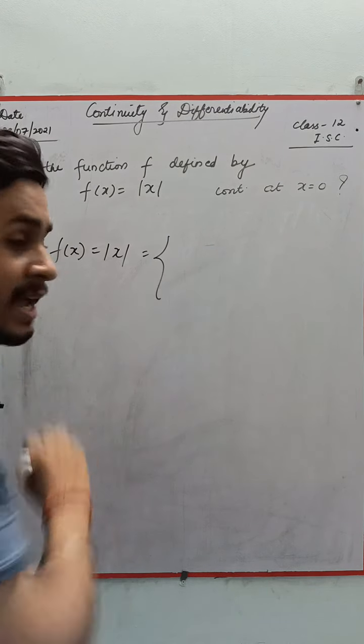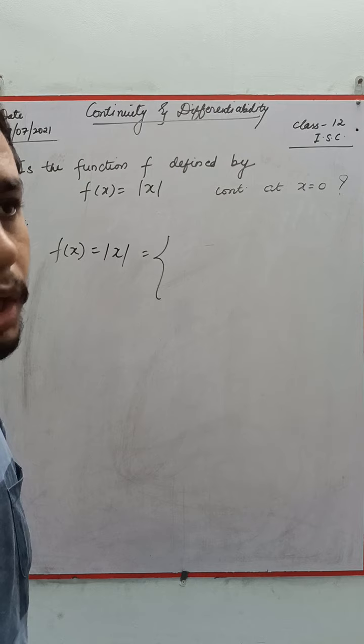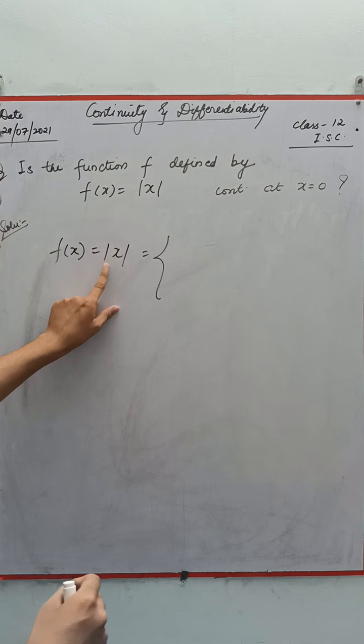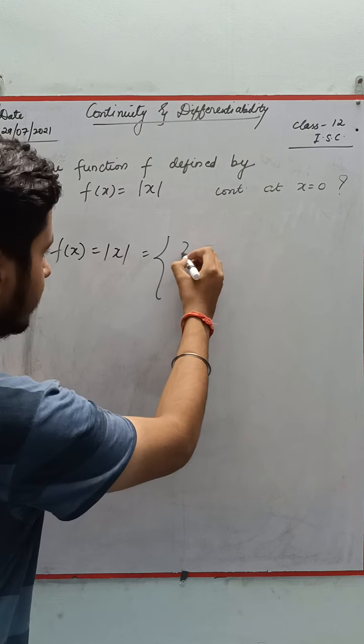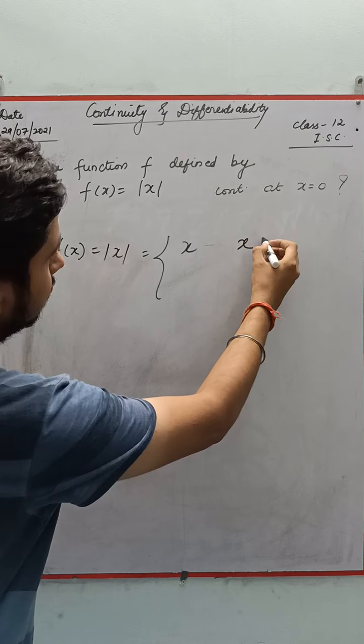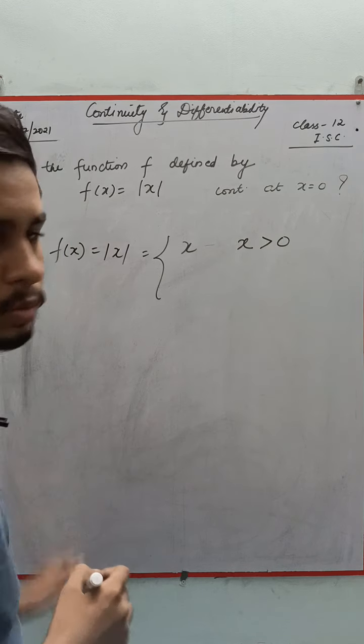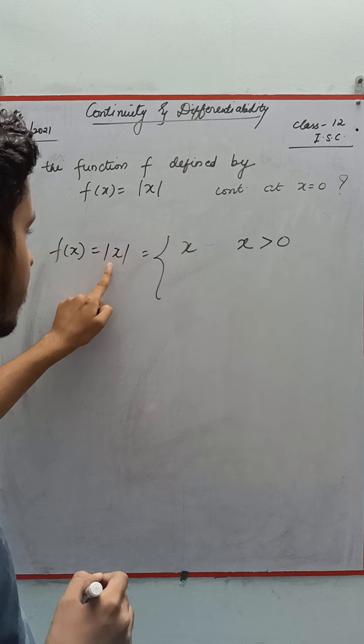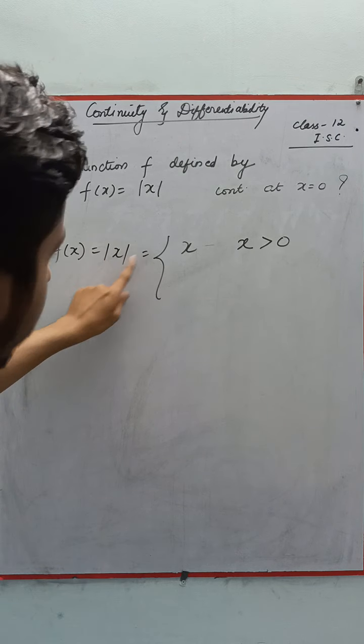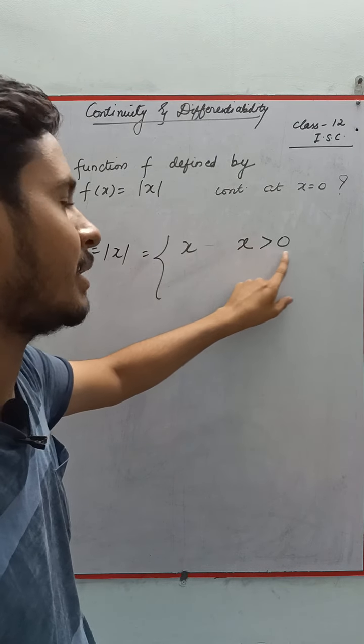Now this x has a dual nature. What dual nature? You will get a positive answer for sure if your x is greater than 0. This modulus of x will give you a positive result if your x is greater than 0.